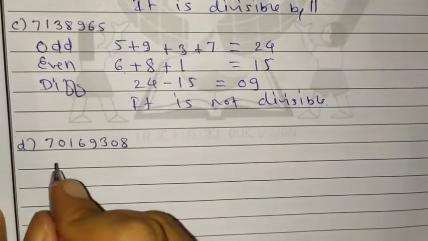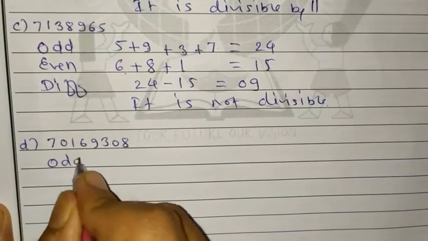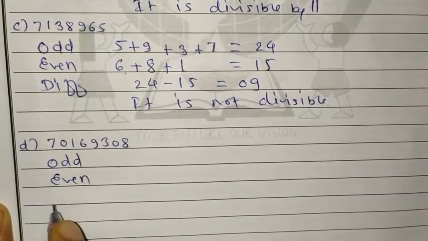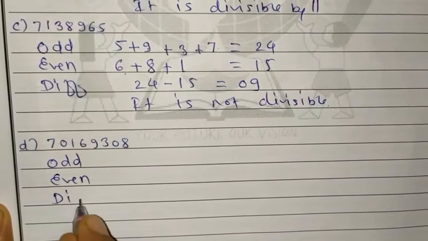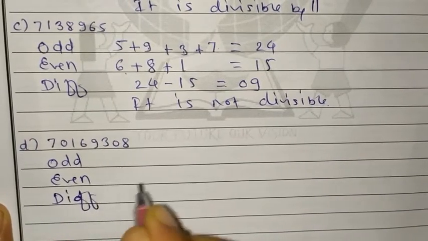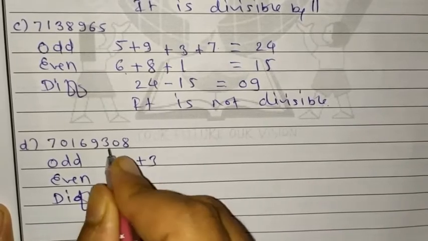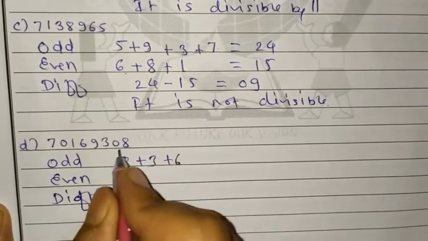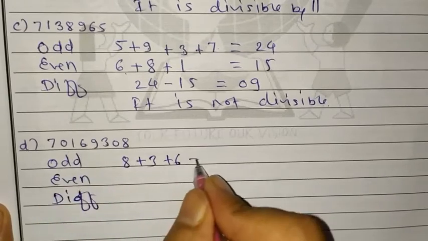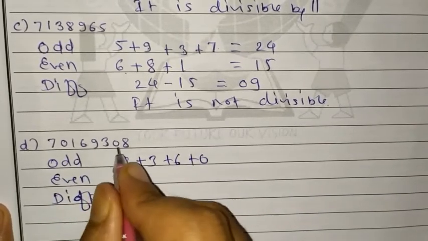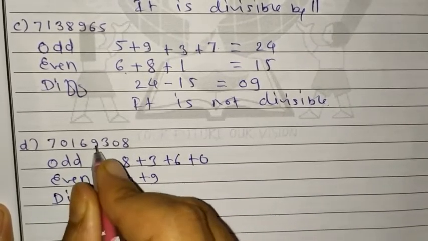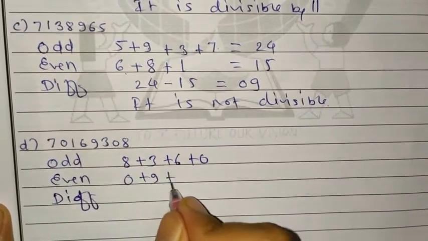Then in the D part, odd places, even places and difference. So in the odd places 8 plus 3 plus 6 plus 0, and in the even places 0 plus 9 plus 1 plus 7.